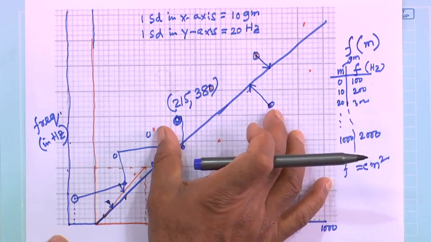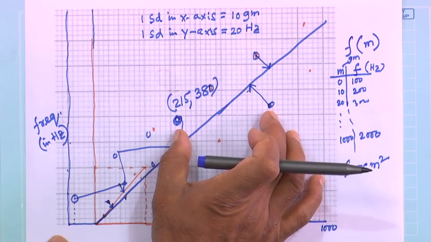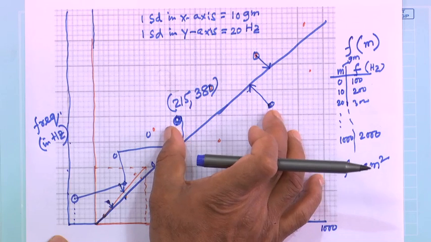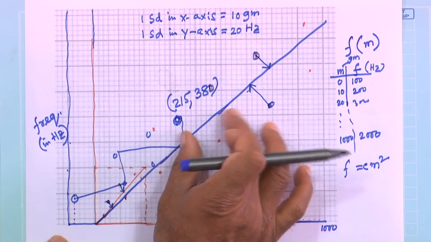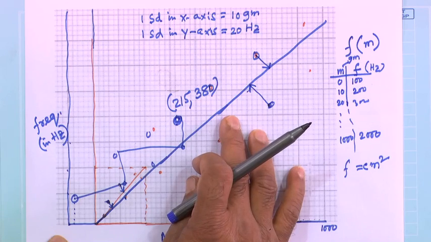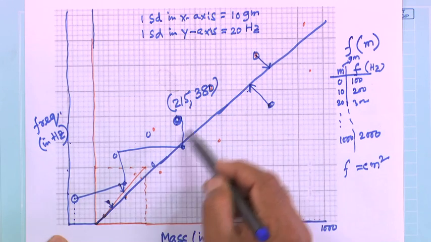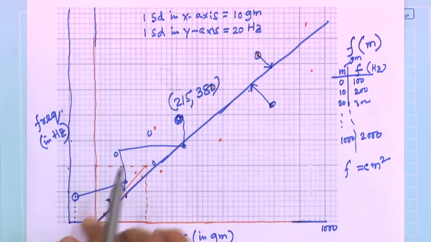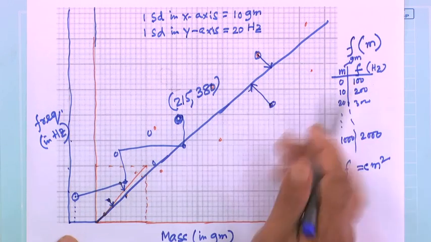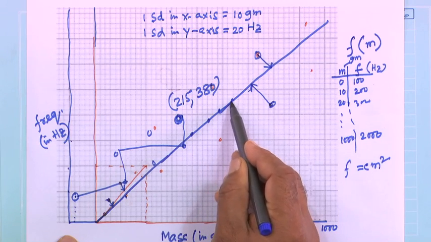So, what will be the value between two points? For other masses, you have not found that experimentally. But from the graph, if you draw an average curve, that curve will give you the values in between.